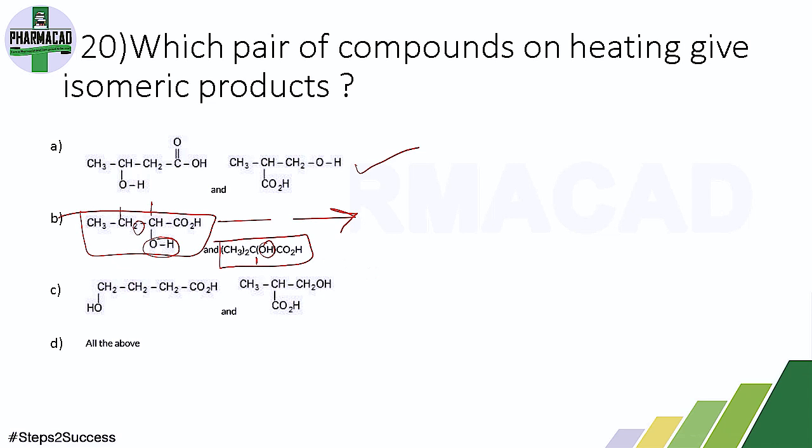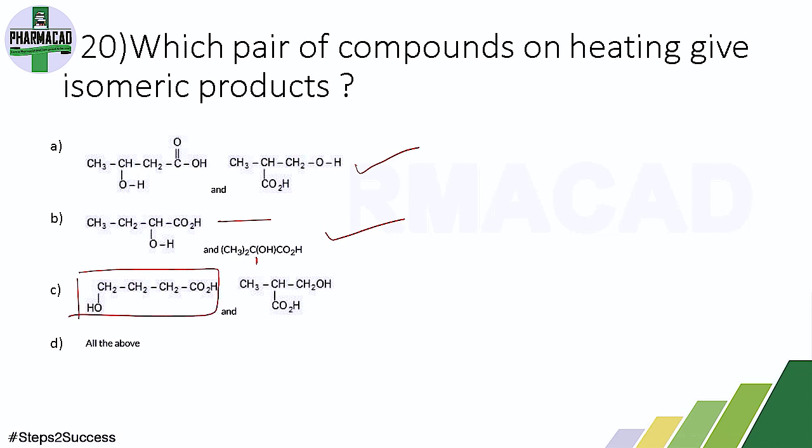If we heat this, cyclization will occur between this carbon and this carbon, and it will give the product of this.